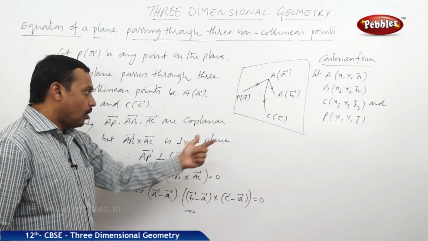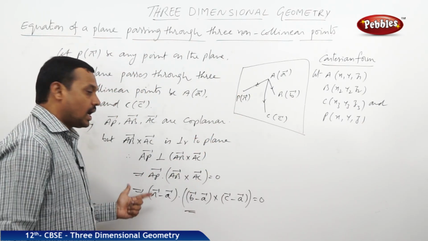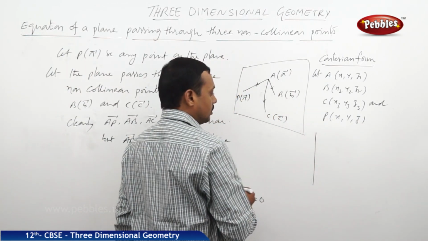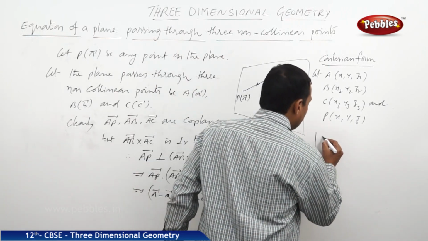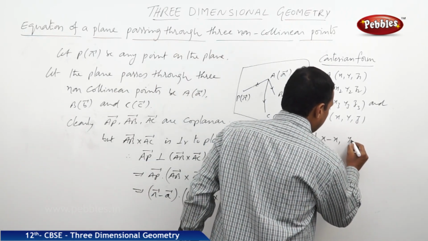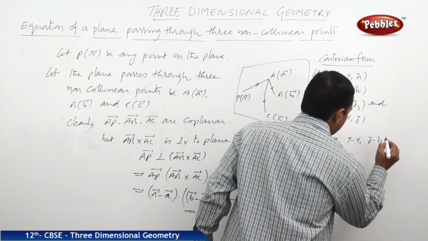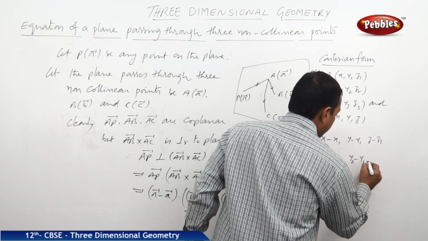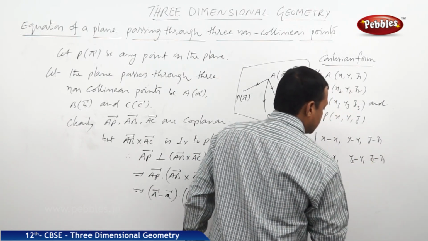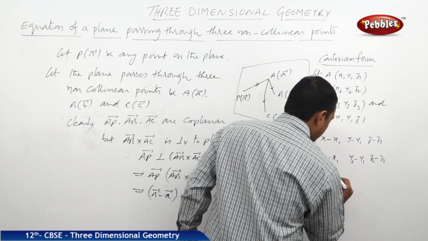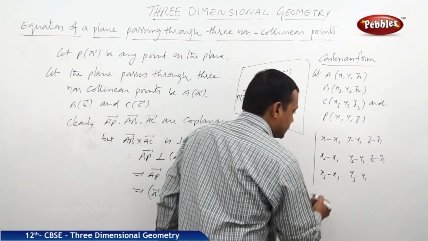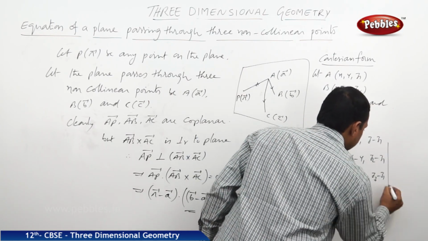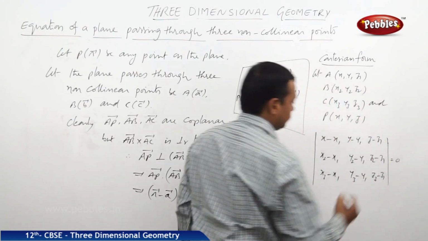Now substituting all these four vectors here and simplifying them, at last we get an expression equal to the determinant of x minus x1, y minus y1, z minus z1, and second row x2 minus x1, y2 minus y1, z2 minus z1, and third row x3 minus x1, y3 minus y1, z3 minus z1 is equal to 0.